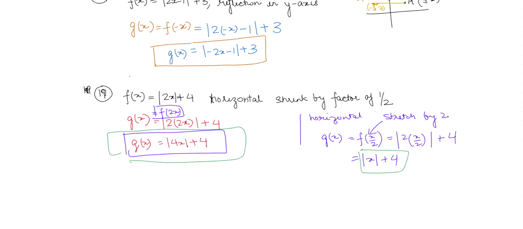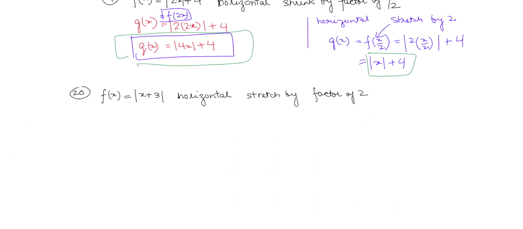Okay, let's do one more problem. This is question 20. f of x is x plus 3, horizontal stretch by a factor of 2. We have to write g of x. So g of x will be, it is a horizontal stretch by a factor of 2, so basically x will be replaced by x by 2. We can see our rules here.